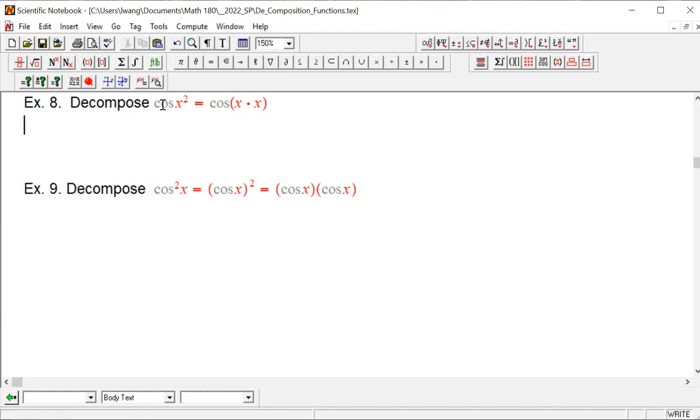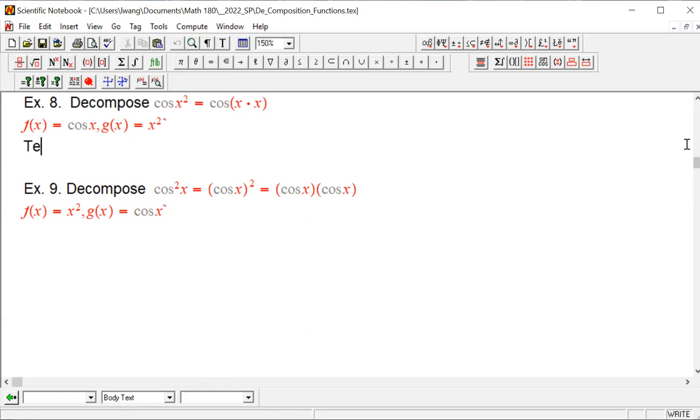So for the first one, f is going to be cosine x. The g is going to be, we could use z if you want, it would just be x squared. And the other one, however, because you see something being squared, the f is actually going to be x squared, and the g is going to be cosine x, okay?